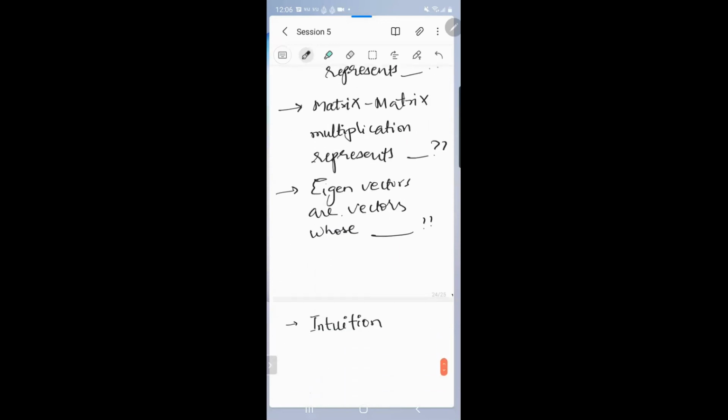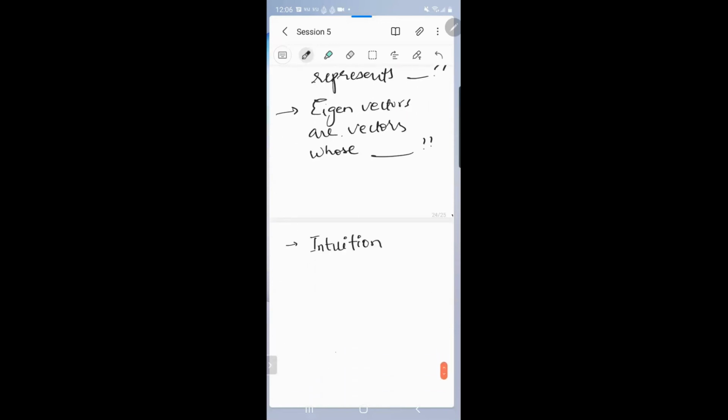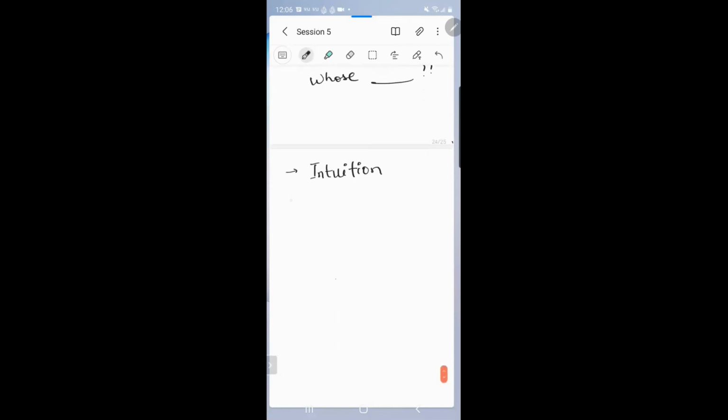This is all intuition. This is not just math, this is intuition. Then there is the mathematical background behind that.